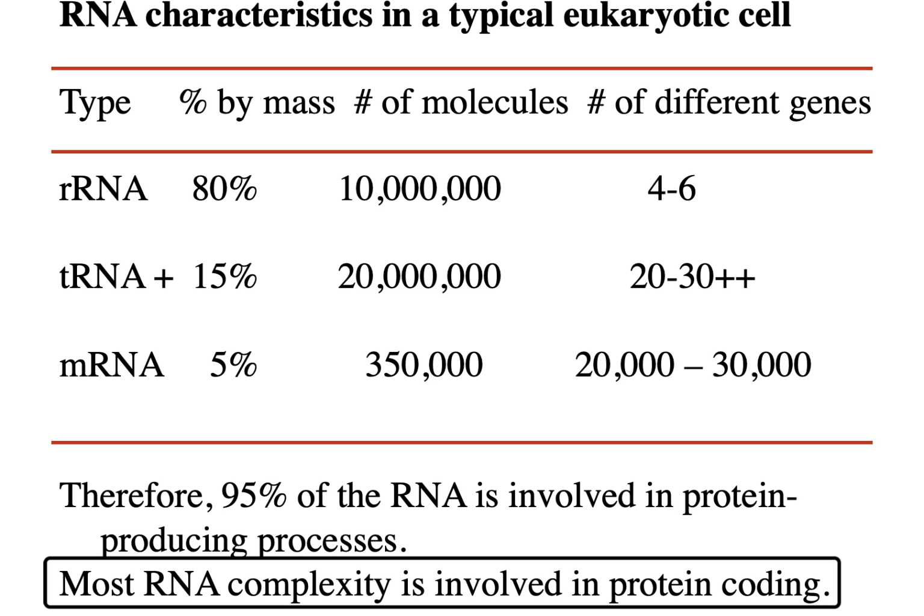And that's usually referred to as the complexity of a cell. So the RNA complexity and the protein complexity is determined by that 5% of the RNA that is in a cell, and the 95% is the machinery that produces the proteins from those mRNA molecules.